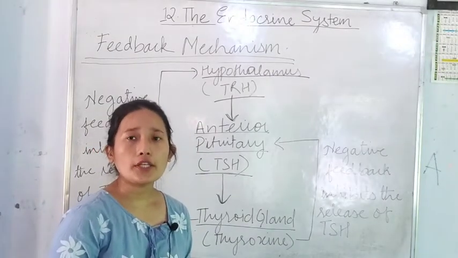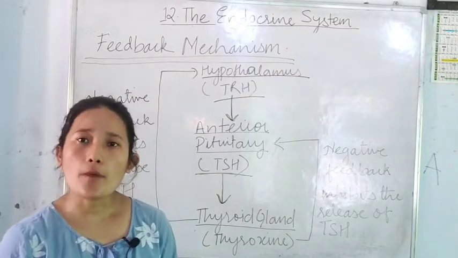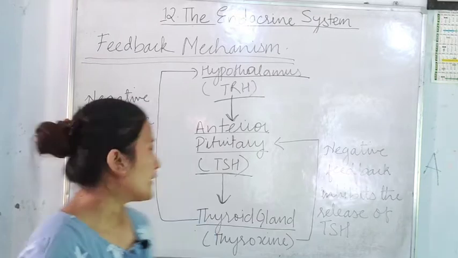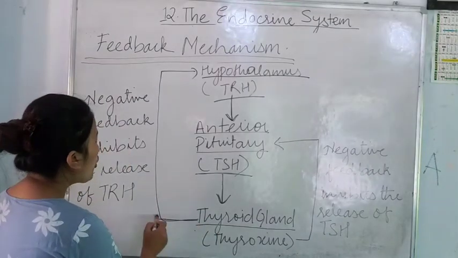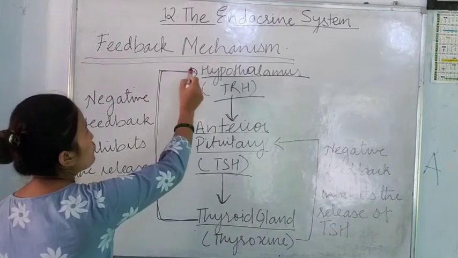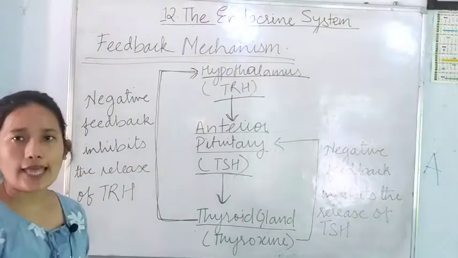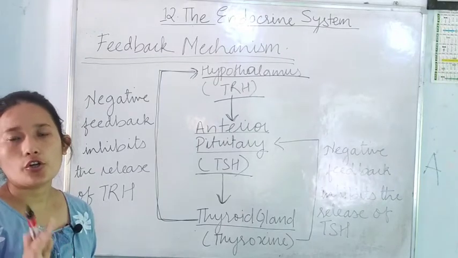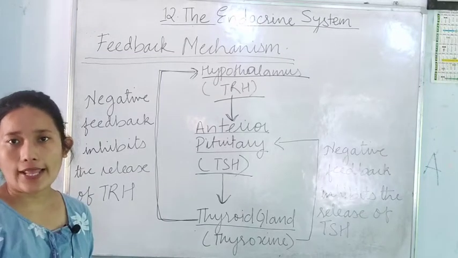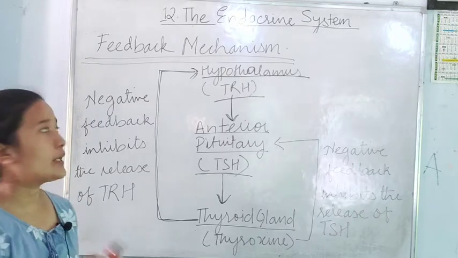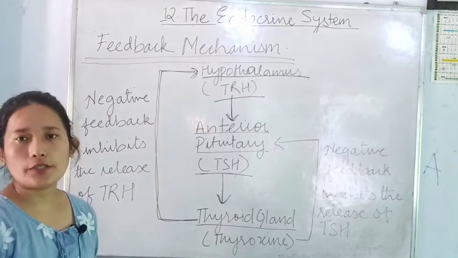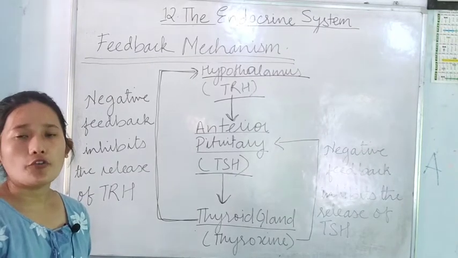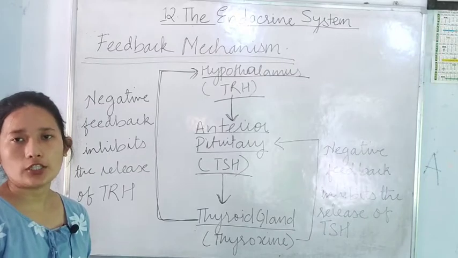Now in the blood, if there is a larger amount of thyroxine, then this thyroid gland sends a message to the hypothalamus that it should inhibit its function for a while. That means it should stop stimulating the anterior pituitary gland to secrete more thyroid stimulating hormone.